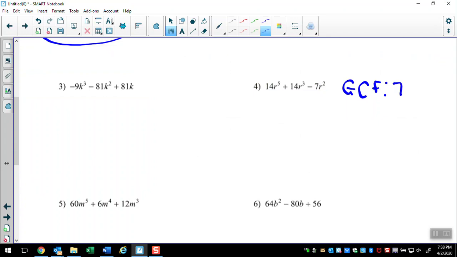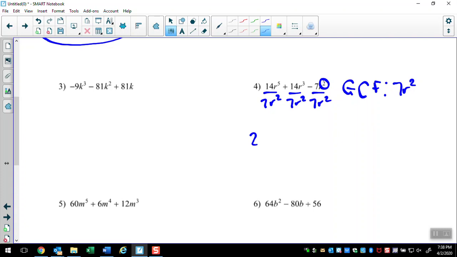Now, my smallest r was r squared. So now I'm going to divide everything by 7r squared. 7r squared, 7r squared, 7r squared.